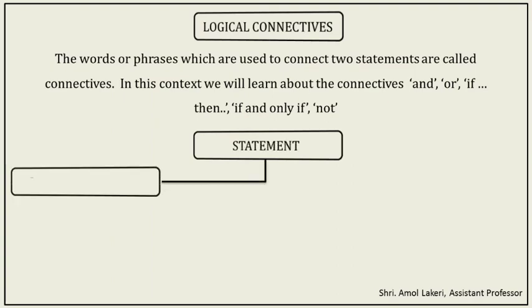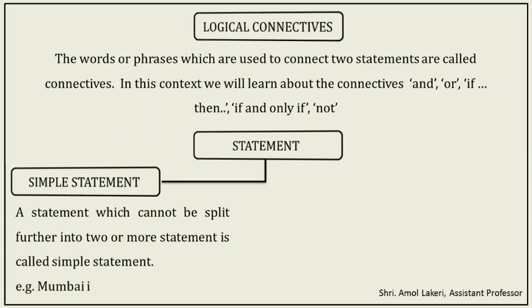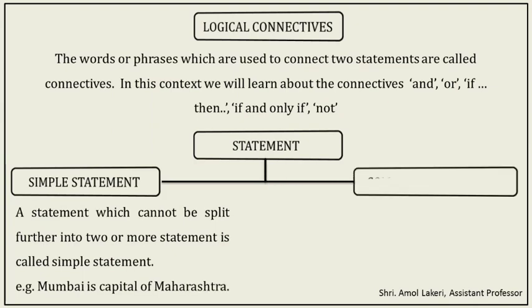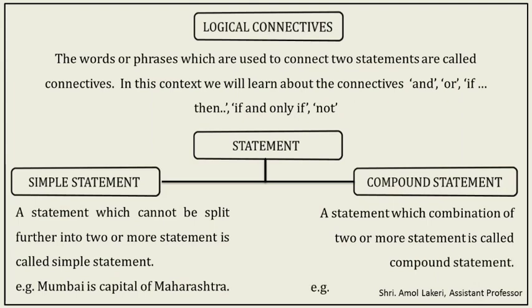Simple statements: a statement which cannot be split further into two or more statements is called a simple statement. For example, Mumbai is the capital of Maharashtra. And a statement which is a combination of two or more statements is called a compound statement. For example, 3 is prime first and 4 is even second.